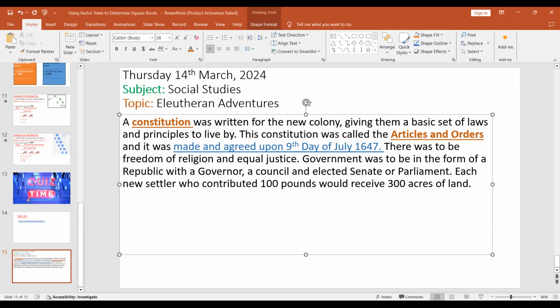Now, can you say the government would be a republic too? Yes, because that's what it says. It would be a republic government with a governor, and you have elected people from the Senate and so on.